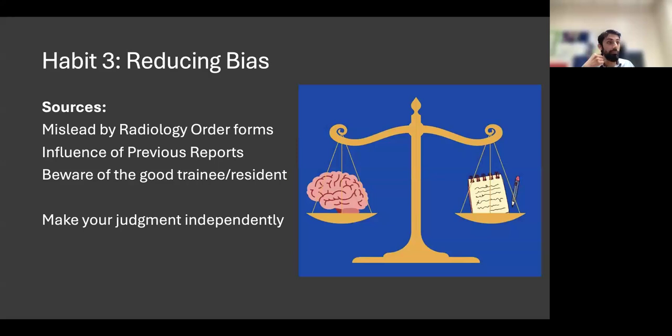The number of times I'm on various MDTs, and many radiologists are part of multidisciplinary meetings, you pick up biases that you often see much later on that have been left in reports. It may be that you are misled by the radiology form. I've had cases where it's a CT head and it had the sides wrong. So it said left-sided weakness.